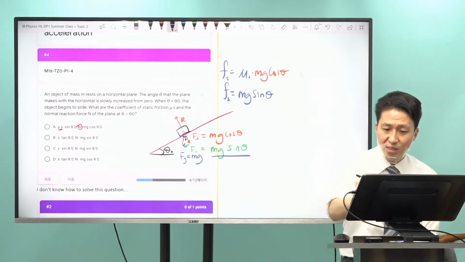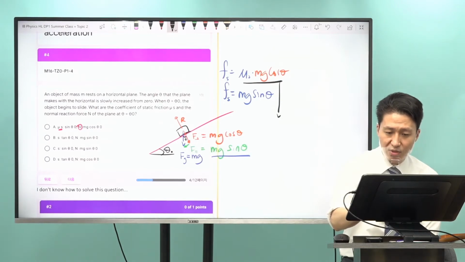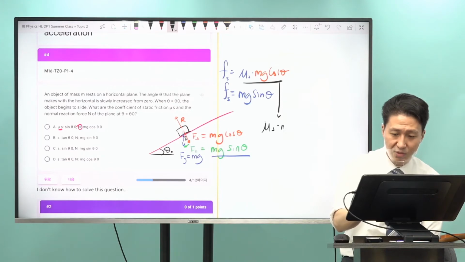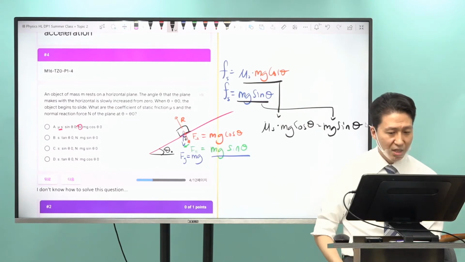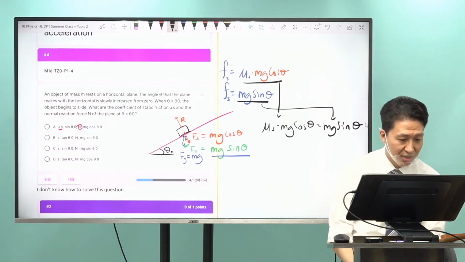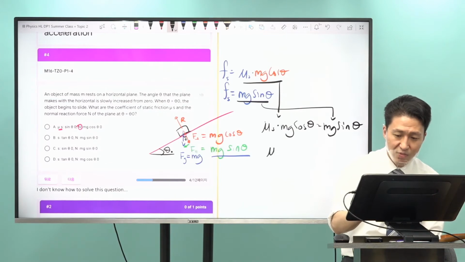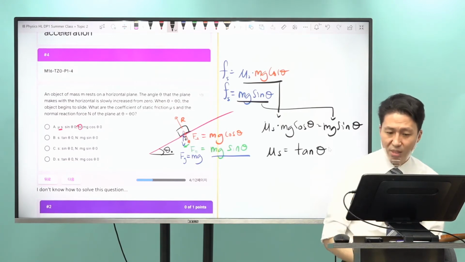So in black, it would be this part on this side, which is going to be mu s, coefficient of static friction, times mg cosine theta, is equal to this side of the equation, mg sine theta, right? Just so happens if you divide both sides, it will be mu equals tangent theta. So this is the first part.